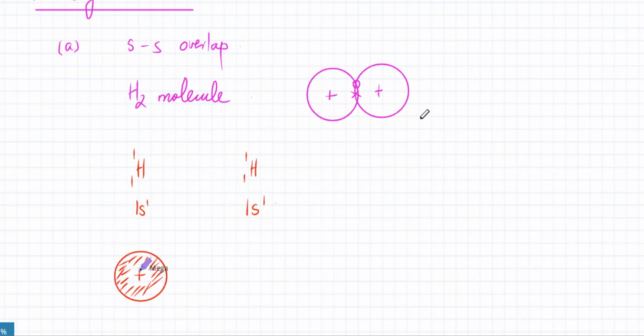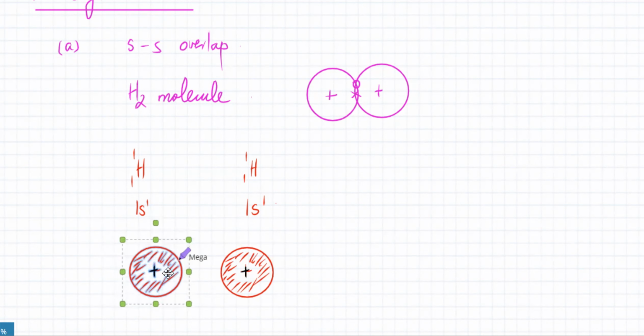And here's your second hydrogen atom, which is exactly the same. It's 1s1 as well, with 1 electron buzzing around in that spherical region. So both atoms have this 1 electron buzzing around in the spherical region.